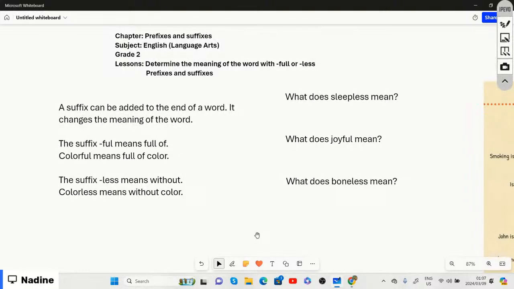Our chapter is prefixes and suffixes, our subject is English language arts, grade 2. The lesson we are focusing on today is to determine the meaning of words with full or less, and prefixes and suffixes.